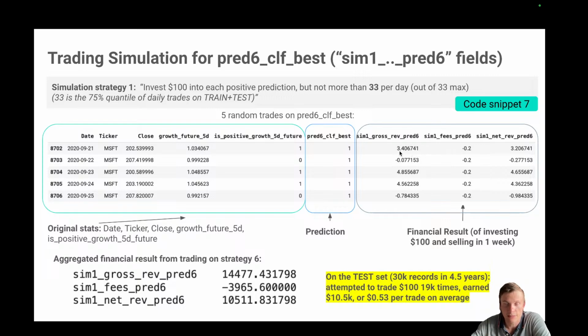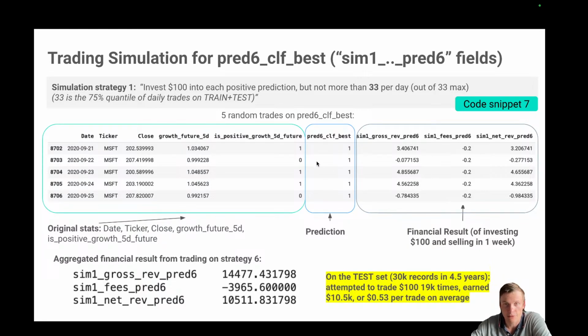And that's how you will end up with the net result, which is equal to $3.2. So this is the simulated financial result on a test data set when you used predictions from the best decision tree classifier.